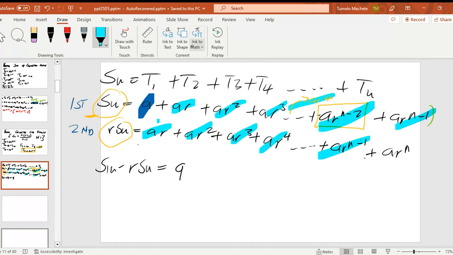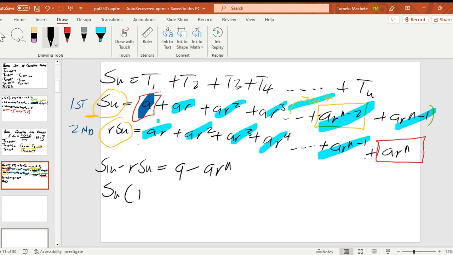Then you'll be left with what? You'll be left with Ar^n and A. So you're going to subtract the two. You're going to write A down minus the second one, which is Ar^n. Then from this equation, you're going to have to solve. On the left-hand side, you've got a common factor, which is Sn. Then it goes Sn times 1 minus r equals. A is a common factor on the right-hand side.